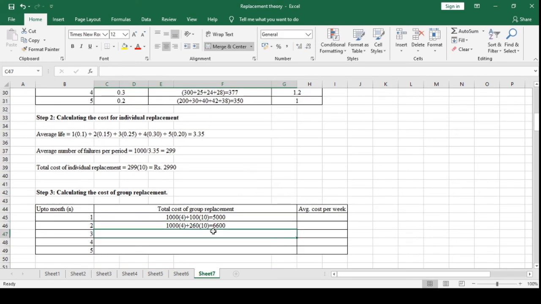For the third month, 1000 multiplied by 4, plus the quantity to be replaced in the third month, that is 100 plus 160 plus 281. So 100 plus 160 is 260, plus 281, that is 541.